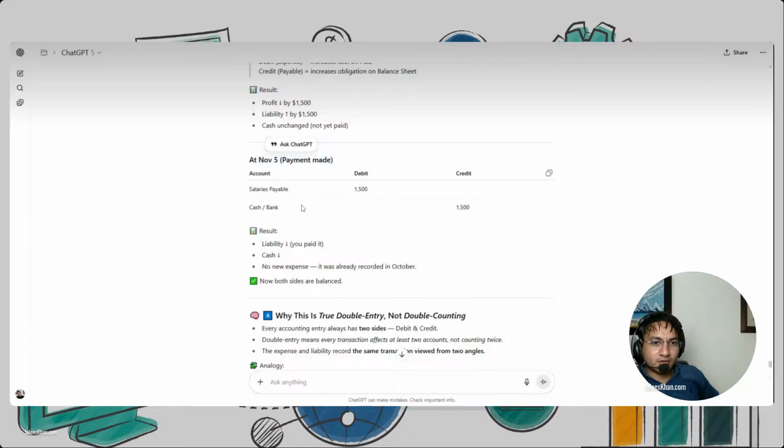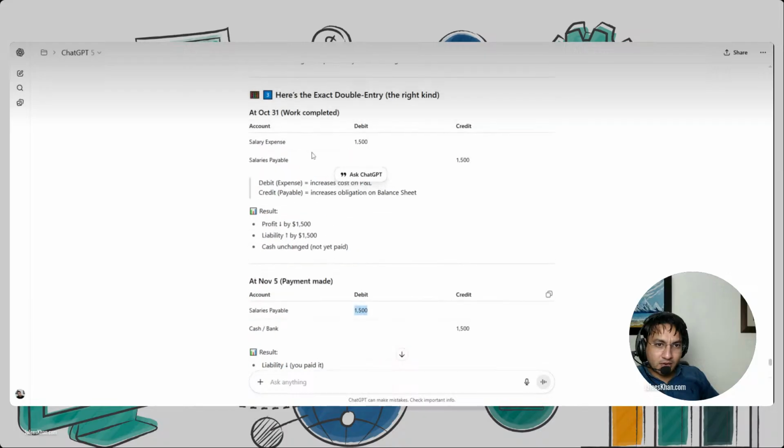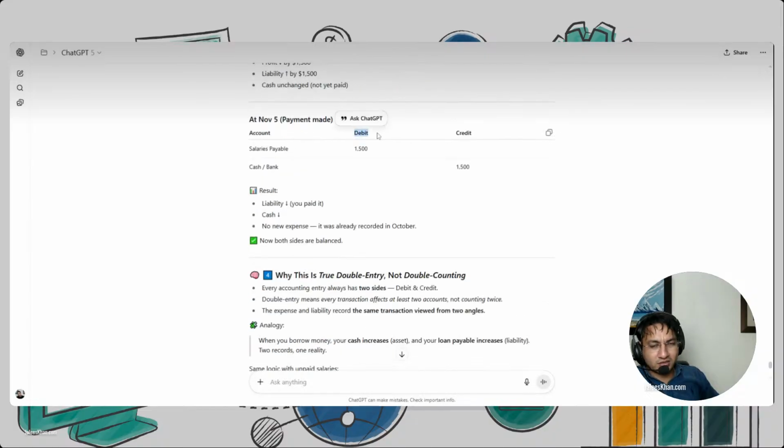Salaries payable. Okay, payment made. Debit salaries payable, and credit the cash account in the bank. There is another confusion coming up, debit and credit.